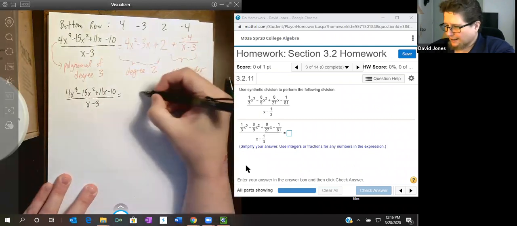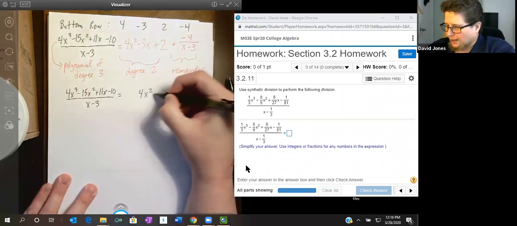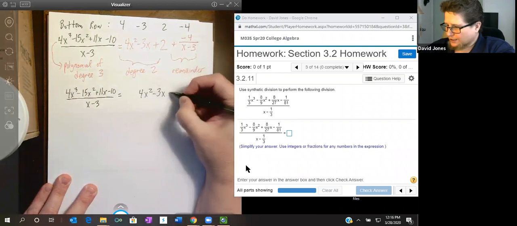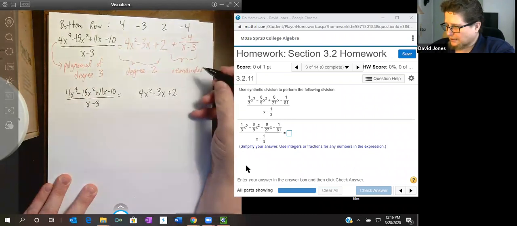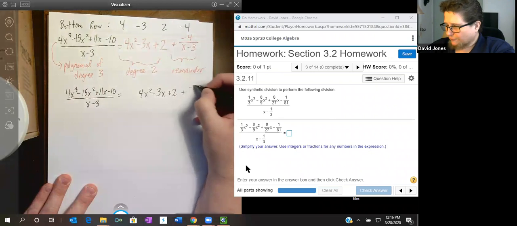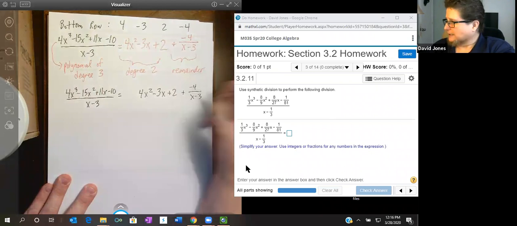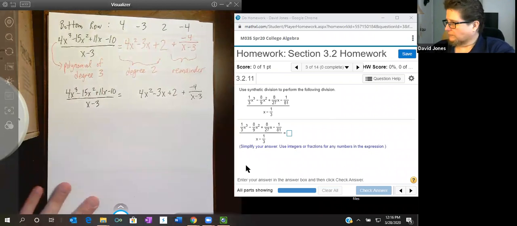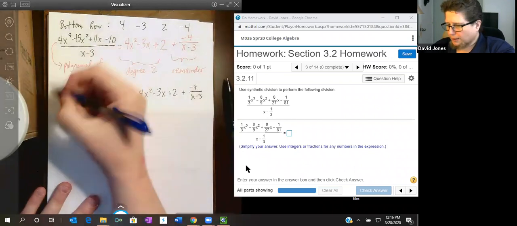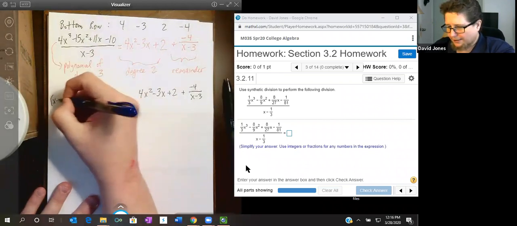And on the right side, I've got 4x squared minus 3x plus 2 plus negative 4 over x minus 3. Now what I'm going to do, I'm going to multiply both sides by the denominator.